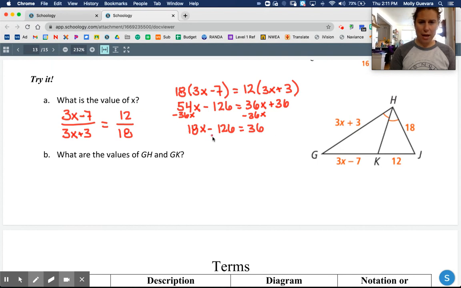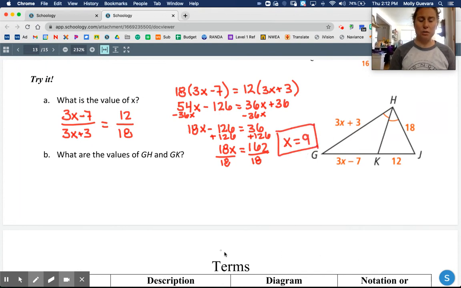I'm going to add my 126. So 18x is equal to 162. Divided by 18, divided by 18, X is equal to 9. So there's part A. X is equal to 9.